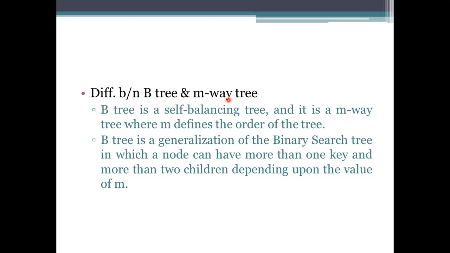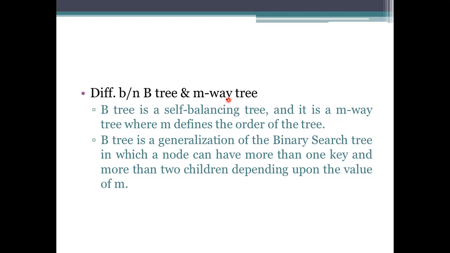And here, in the binary tree, it is not allowed to store more than one element at each node. So the root node consists of one element only, and the left child or right child contains only one node, which points to one key only. But here, more than one key element can be processed.